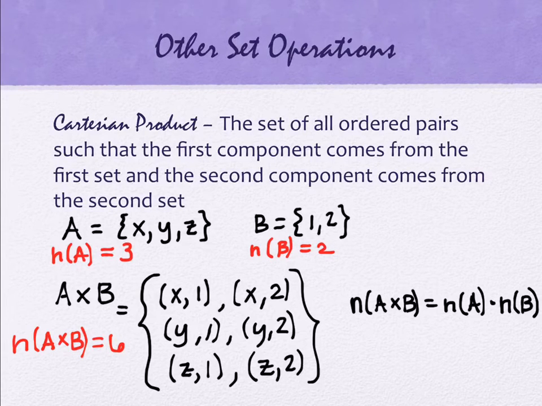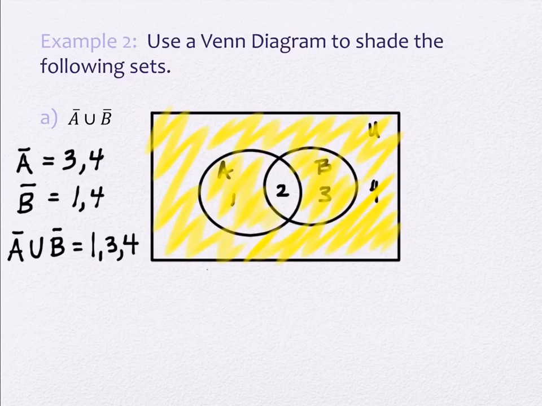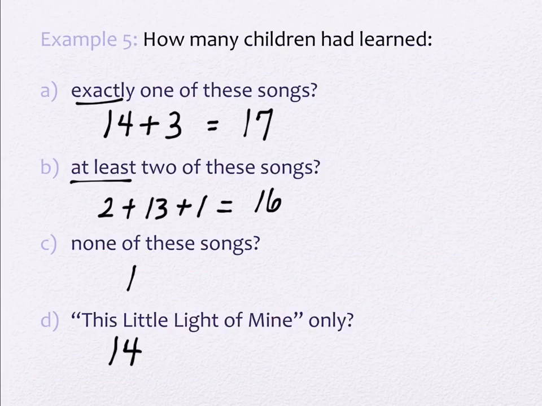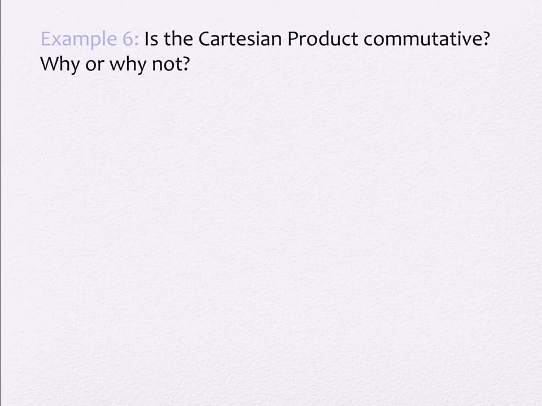If I switched it and did B cross A, what would change? How would the items be different? Right, so instead of having X1, I would have 1X, right? Are you guys with me? In general, a Cartesian product example that you've seen used quite a bit is the ordered plane, X's and Y's.